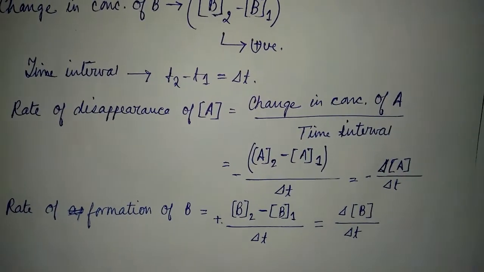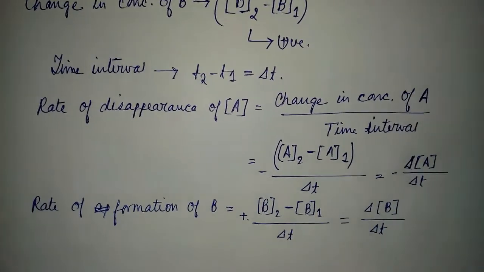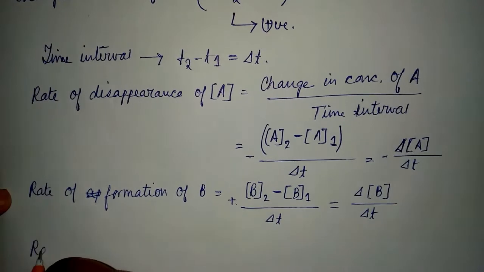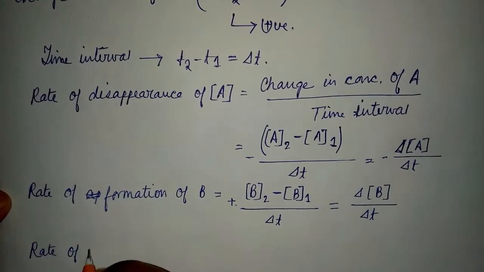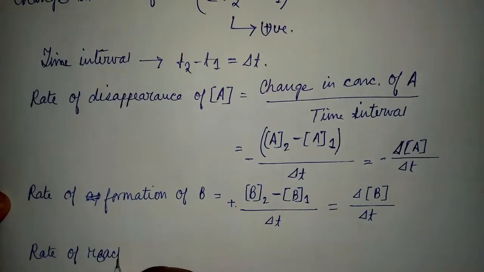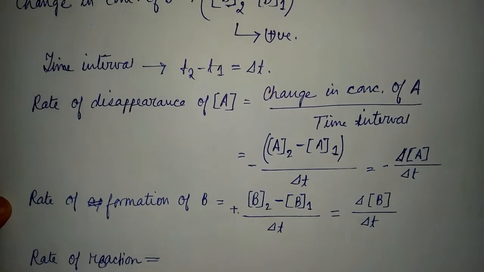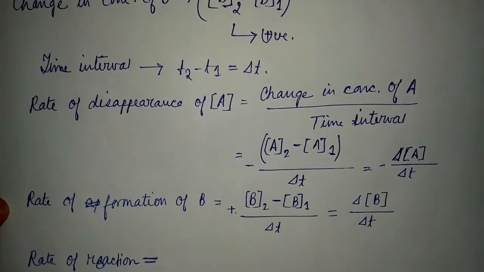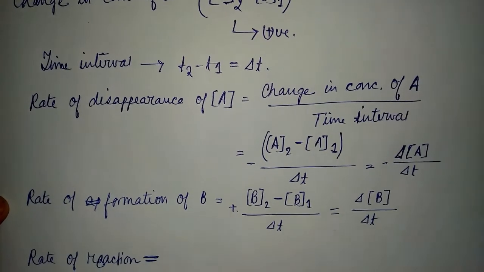Now we can say that the rate of reaction, as in the definition we have seen, is the rate of disappearance of reactant and the rate of formation of product.